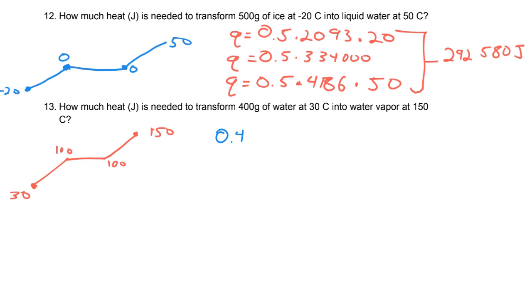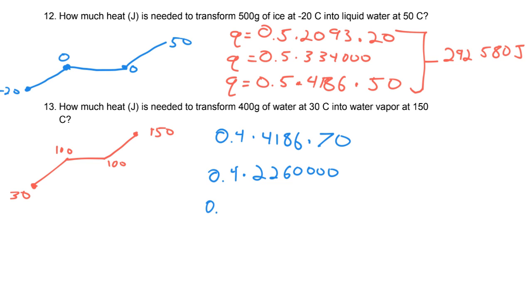So 400 grams is 0.4 kilograms. Specific heat of liquid water is 4,186 joules per kilogram per degree Celsius, and this liquid water changed 70 degrees. Then we need the heat of vaporization, which is this very big number, 2,260,000.